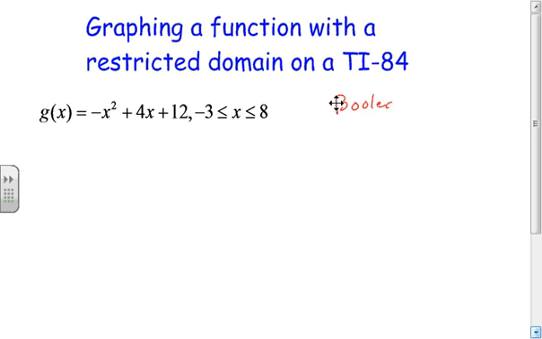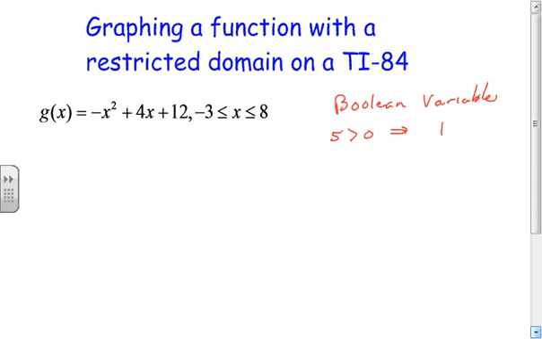A Boolean variable is a variable that can either take on the value 1 if it's a true statement, or 0 if it's a false statement. So for example, if I said that 5 is greater than 0, that's a true statement, so that would produce the output 1.